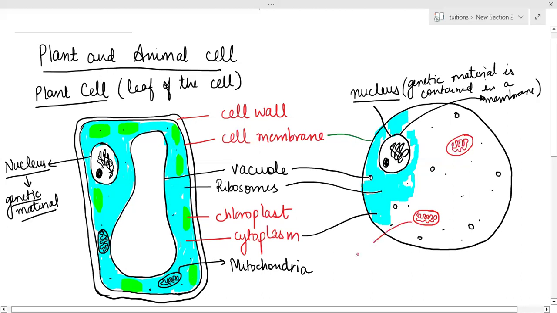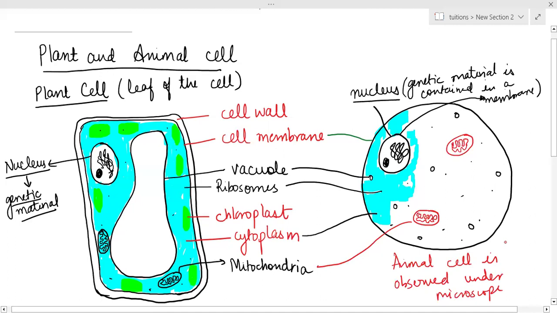This is again how the animal cell is observed under a microscope.